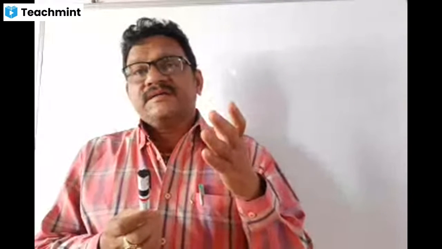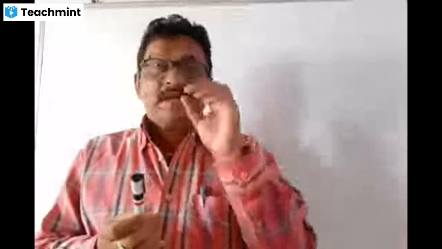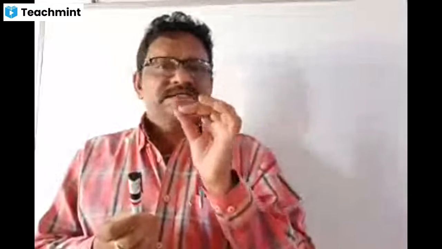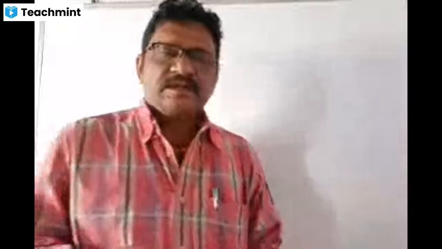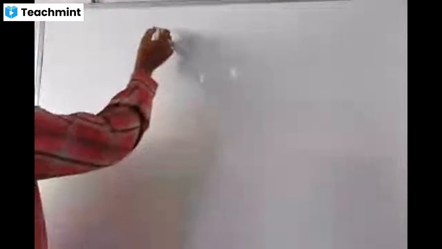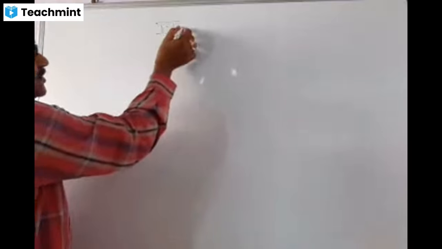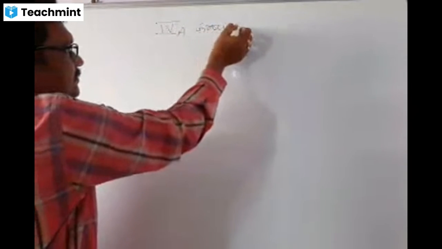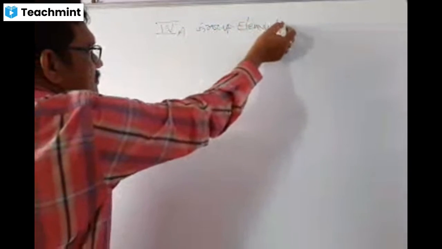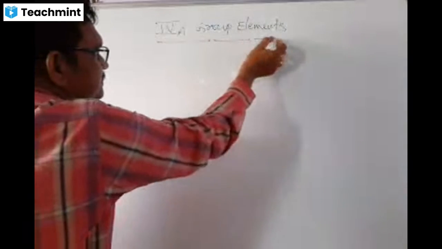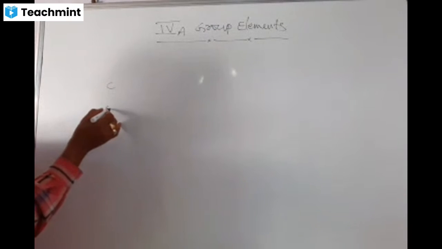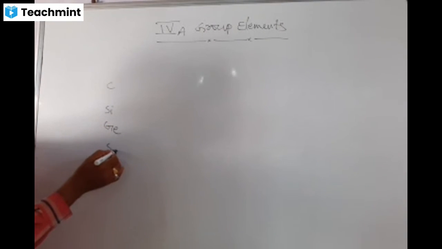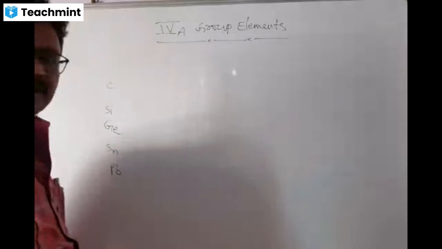As you know, I already explained the electronic configuration and oxidation states of fourth A group. Once again, I recapitulate. Fourth A group elements are also called 14 group elements: carbon, silicon, germanium, tin, lead.